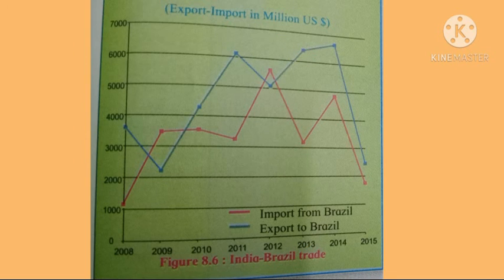Last question: write a note on the trade between Brazil and India. If you observe this graph, we can understand that India's trade with Brazil is of a fluctuating nature. Since 2013, the value of exports of India to Brazil has exceeded the value of imports of India from Brazil.